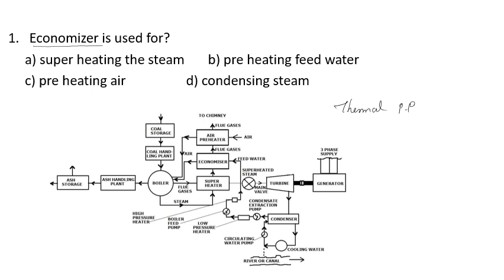The main ingredient for the production of electrical power in a thermal power plant is nothing but the coal. So coal from the coal storage plant directly enters the coal handling plant for the pulverization, and after that pulverization the coal directly enters the boiler.